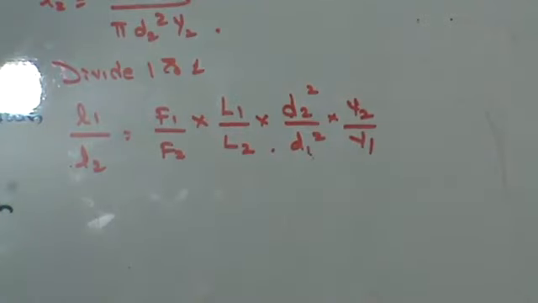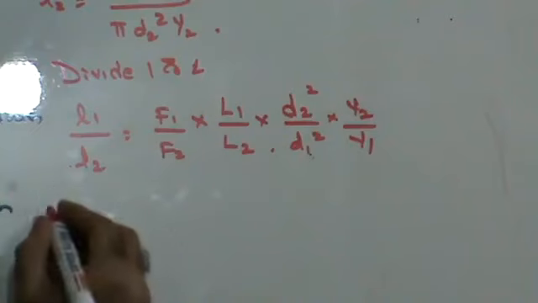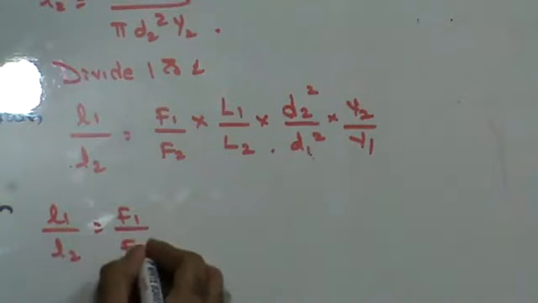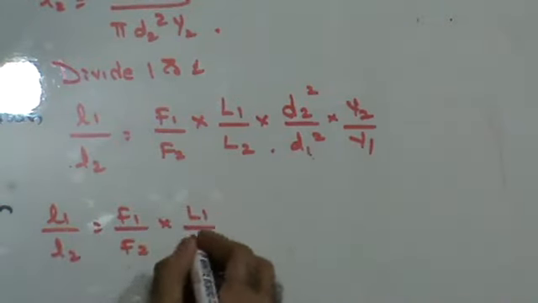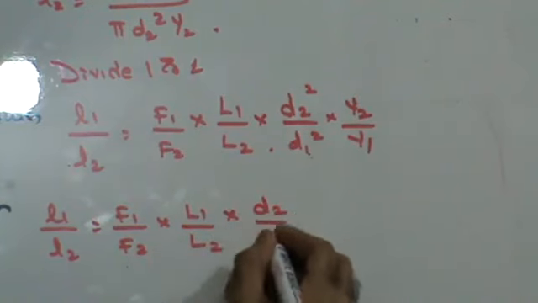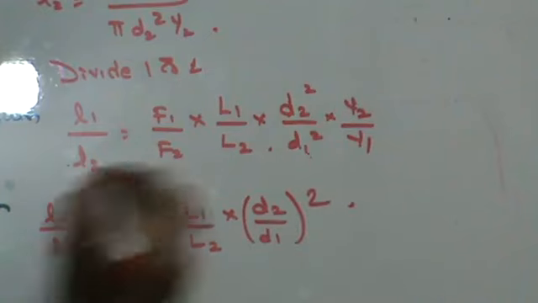Pi and pi also get cancelled, right? Here in fact Y2 and Y1 will also get cancelled because Y1 is equal to Y2. Therefore I'll get l1 upon l2 is F1 upon F2 into L1 upon L2 into d2 upon d1 the whole square.